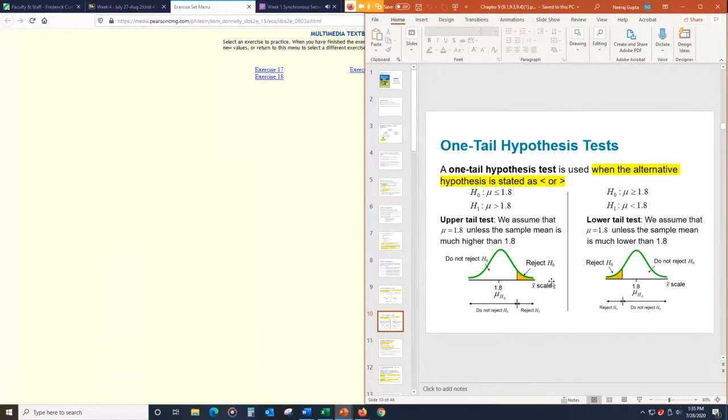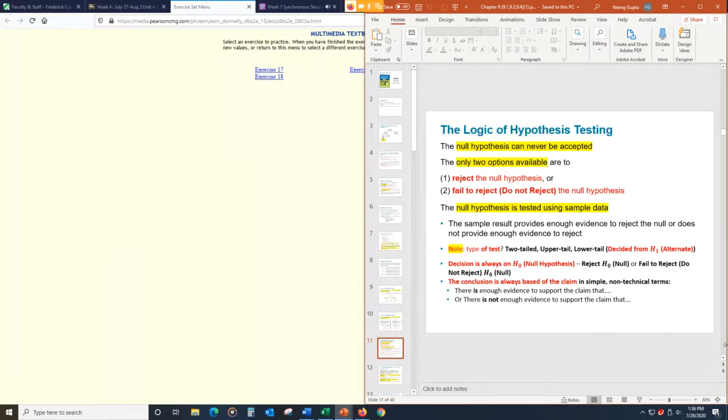So notice here that the tail test is being determined from your H1, the alternate hypothesis. Alternate hypothesis is denoted by H1. So the tail test is determined from your alternate hypothesis, and we are doing the testing by the assumption that null hypothesis is true.